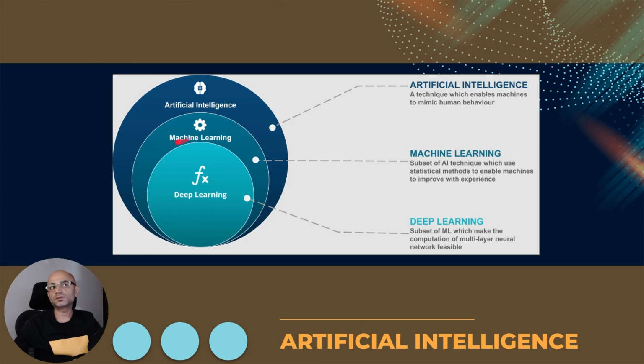Machine learning is a subset of artificial intelligence. Even though we might see major use cases of machine learning in artificial intelligence and major use cases of deep learning in machine learning, AI, ML and DL are not the same. So this is a subset of this, and this is a subset of AI.